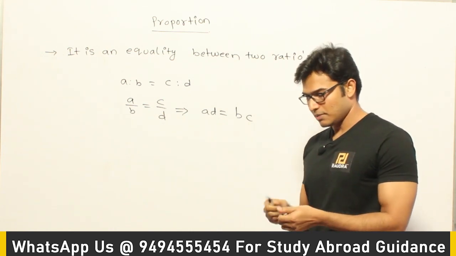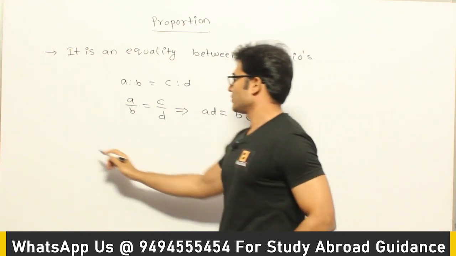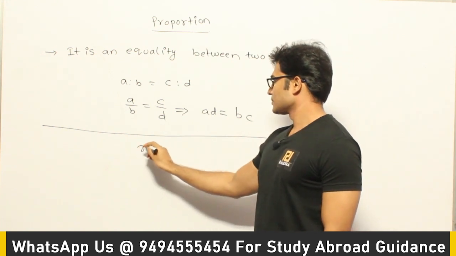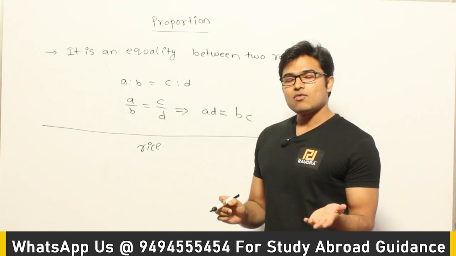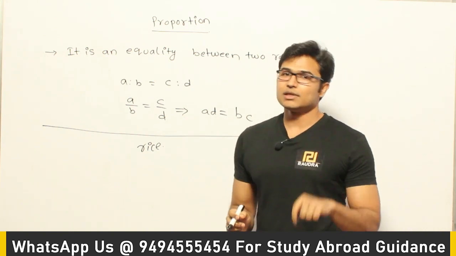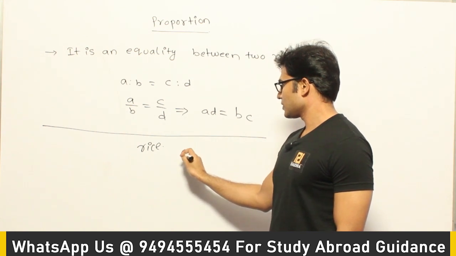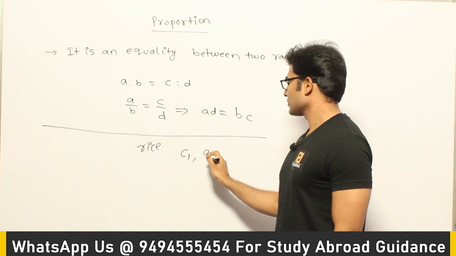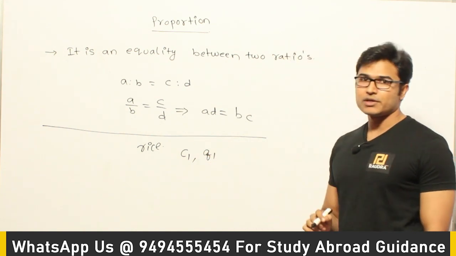So where are you going to apply such concepts? Let us say assume that we have some price, and we know that as we increase the quantity of rice, the price increases, right? So let us say the cost of the rice for some quantity Q1 is C1. Now what is the relationship between the cost and quantity?